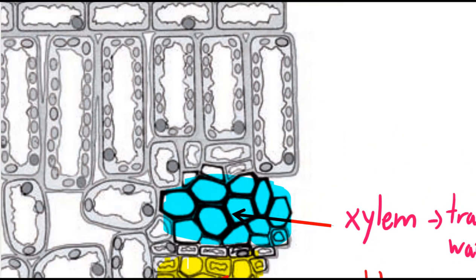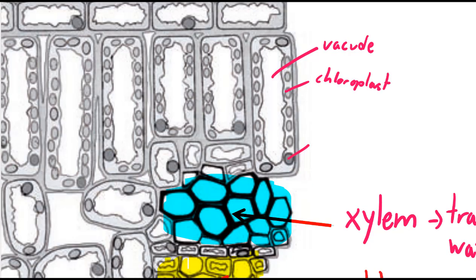As well as that, if we look at this cell here, which is in the palisade mesophyll, we can see things that you'd find in a normal plant cell. You can see the vacuole, the chloroplasts, the nucleus, and the cell wall.